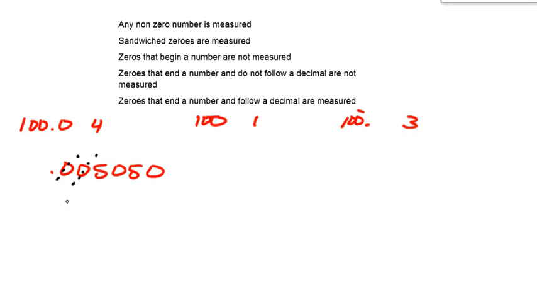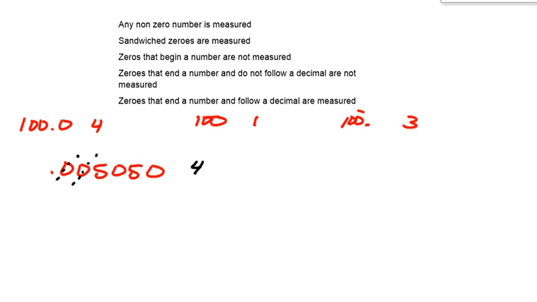They've got to hold the place for these other digits. So placeholder zeros are the ones that are not significant. That one ends a number but follows a decimal, so it counts. That 0 is between 2 significant digits, so the sandwich rule applies. So 1, 2, 3, 4. So there are 4 significant digits in this number.